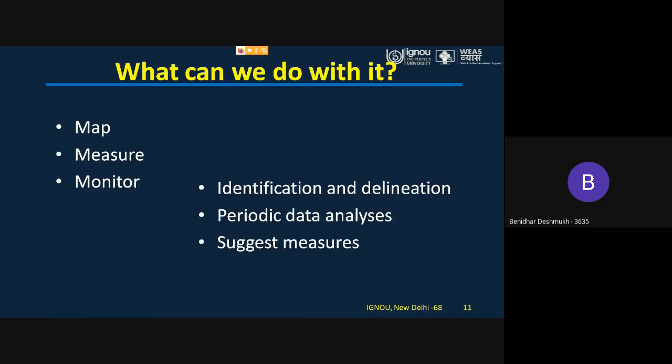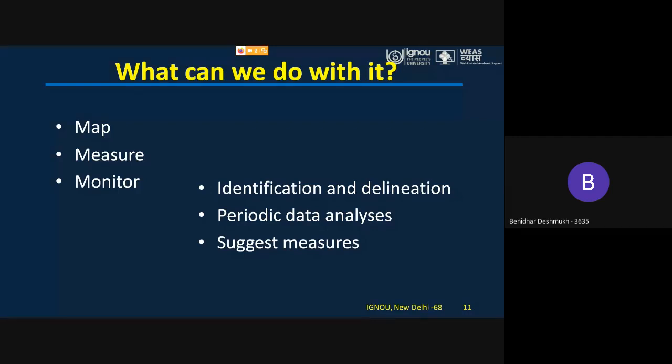Now we have learned that what we can do with this is map the features from an image, measure the parameters from them, and also use it for monitoring purposes. When we talk about mapping, we talk about the identification of features and their delineation in some form, and that is how we can create maps.